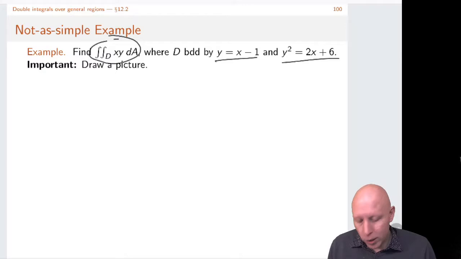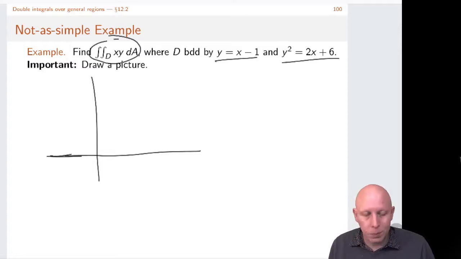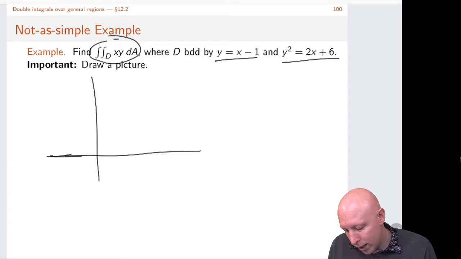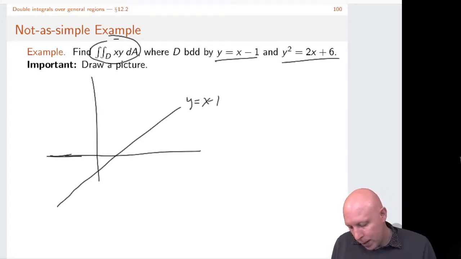When we're doing a double integral, we always want to draw a picture so that we can see what it looks like. So y is equal to x minus 1. That's this function. And then we look at the function y squared equals 2x plus 6.